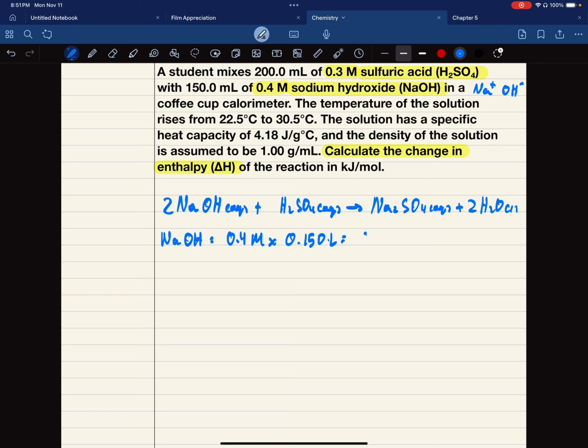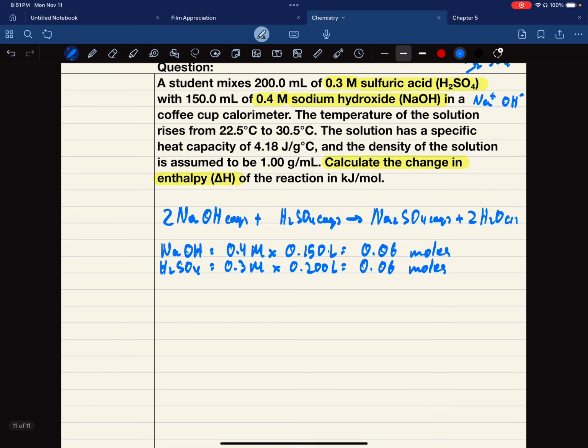That gives us 0.06 moles. For H2SO4, it is 0.3 molarity multiplied by 0.200 liters. That also gives us 0.06 moles. So it's the same amount of moles.